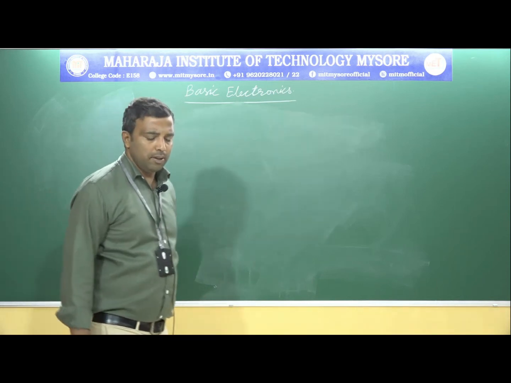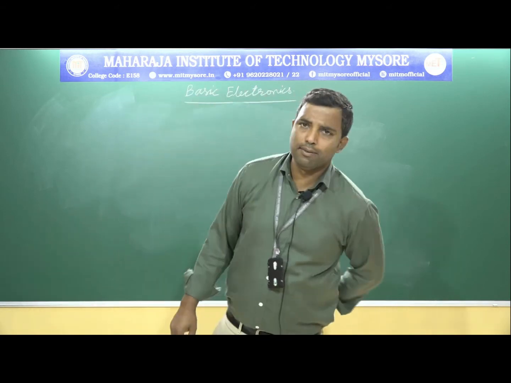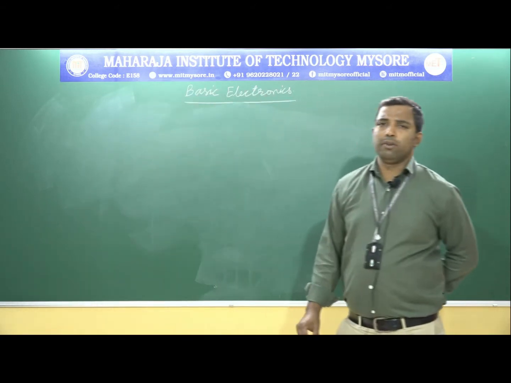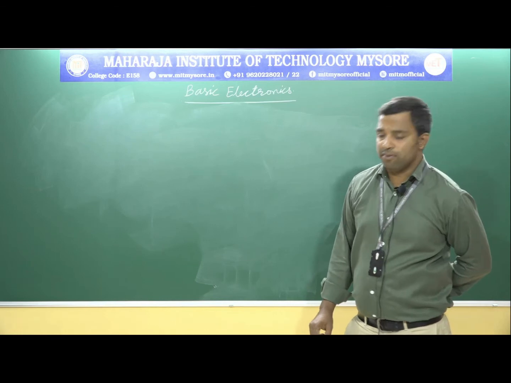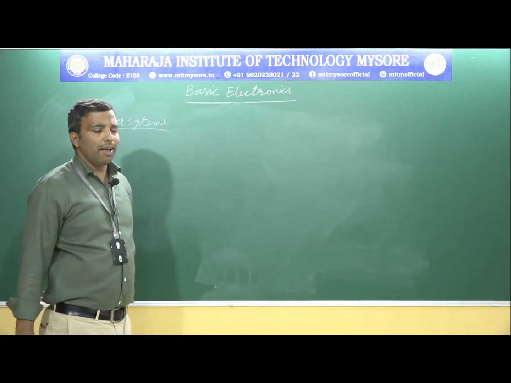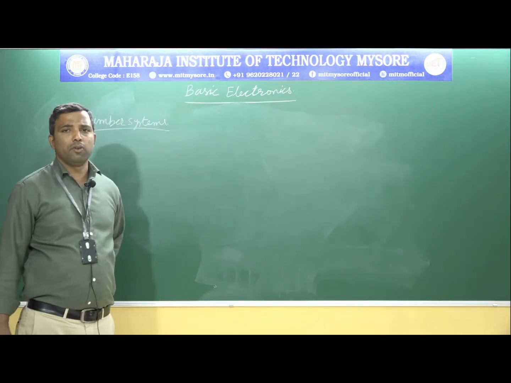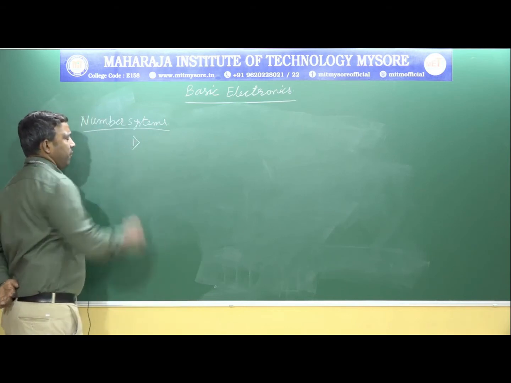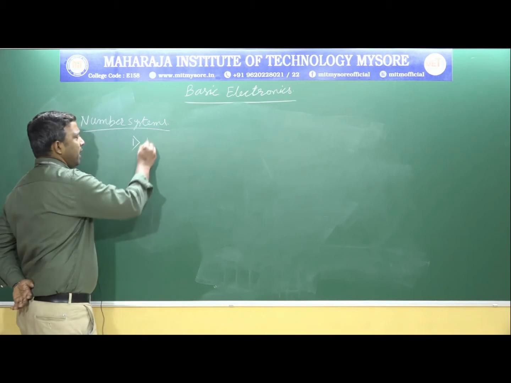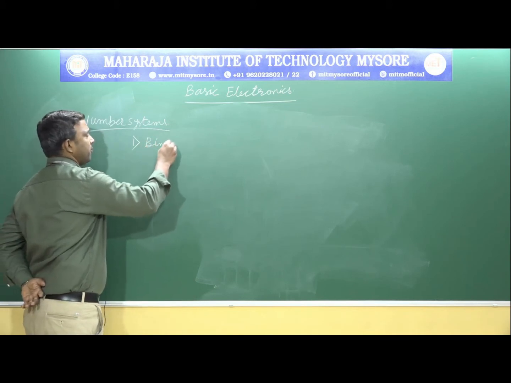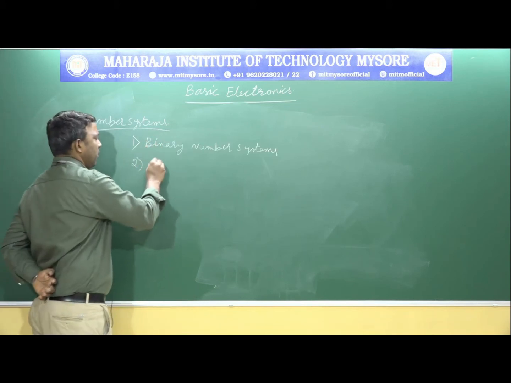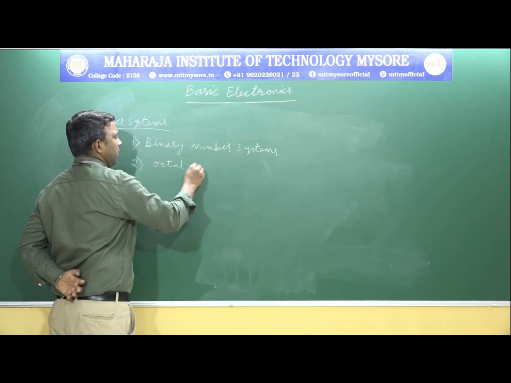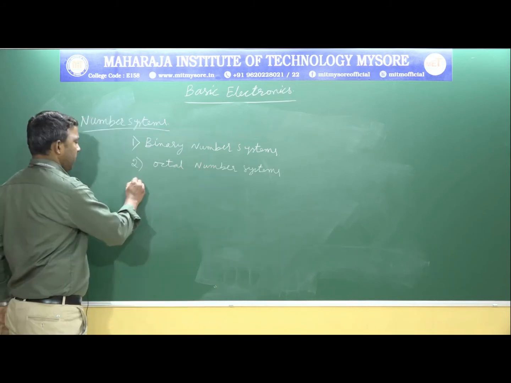In this digital electronics fundamentals, the first thing we will discuss is number systems. In digital electronics, we will discuss 4 types of number systems. The first one is the binary number system. The second one is the octal number system.